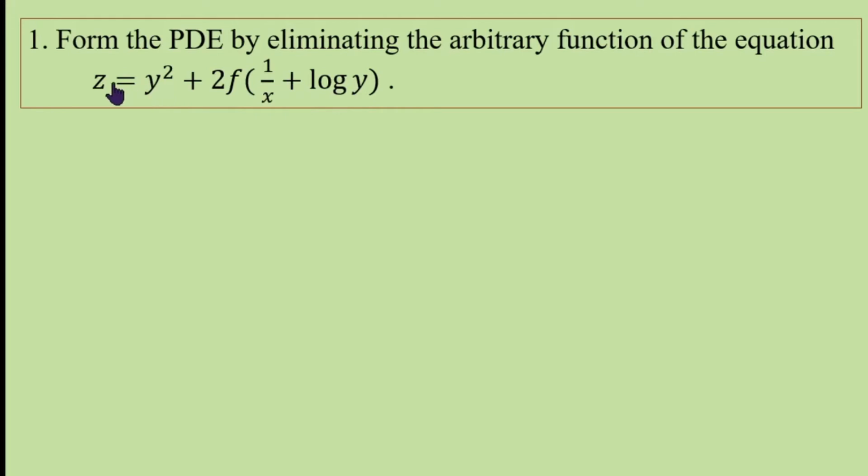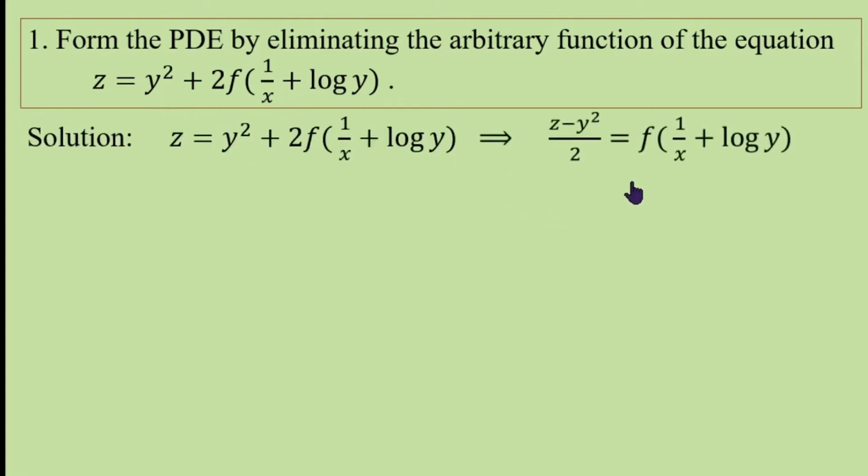Take y square to the left side: z minus y square, divided by 2. Z minus y square by 2 is f of 1 by x plus log y. U equal to f of v, and hence u is z minus y square by 2 and v is 1 by x plus log y.